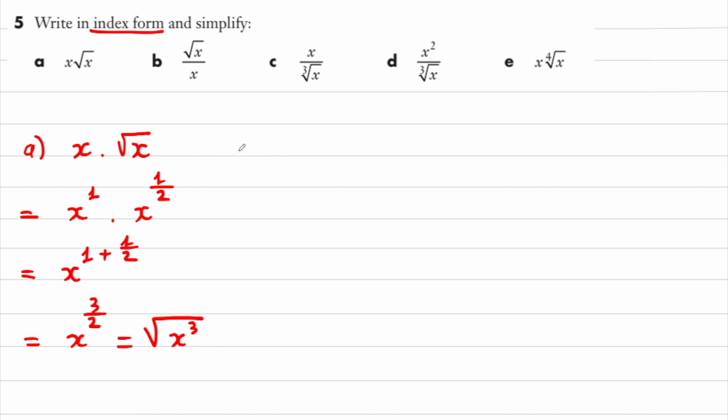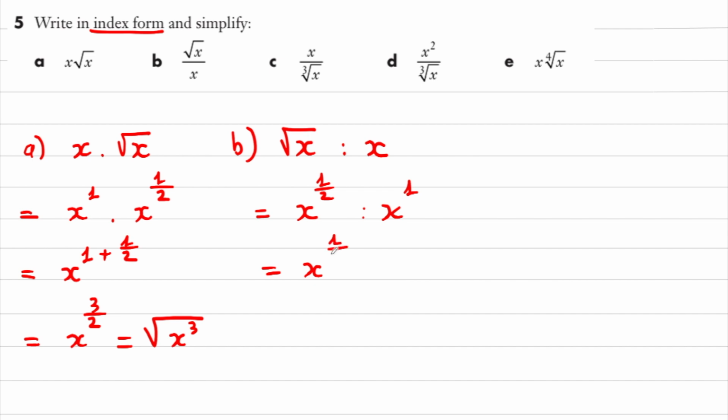Okay, for question B, you've got a division between two indices. The first one is x square root of x, and then you divide by x here. The first term, square root of x, means the power is 1 over 2. Dividing by x means x to the power of 1.